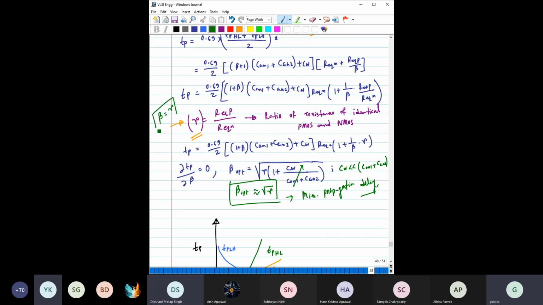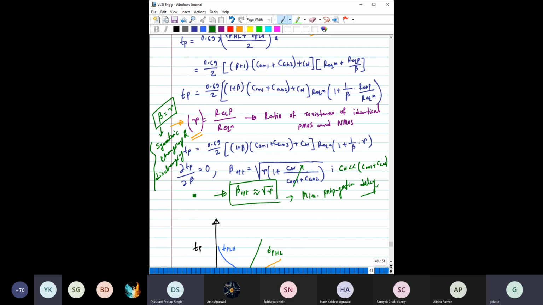So please note, when you make beta equal to R, you get a symmetric charging and discharging, right? But this is not the criteria for the minimum propagation delay. For minimum propagation delay, the criteria is that you have to design PMOS with root over of R times that of NMOS.